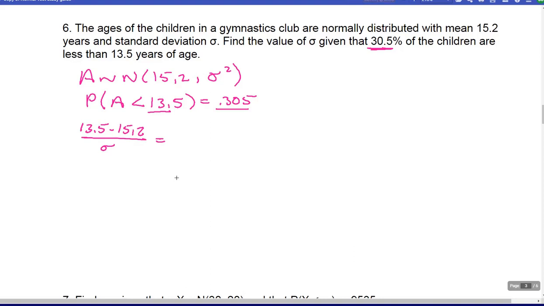Now notice how it says less than? All right. That means I can put in this number. There is some number that has 0.305 below it. I want to know that z-score. So if it's giving it to me below already, what's the inverse of 0.305?